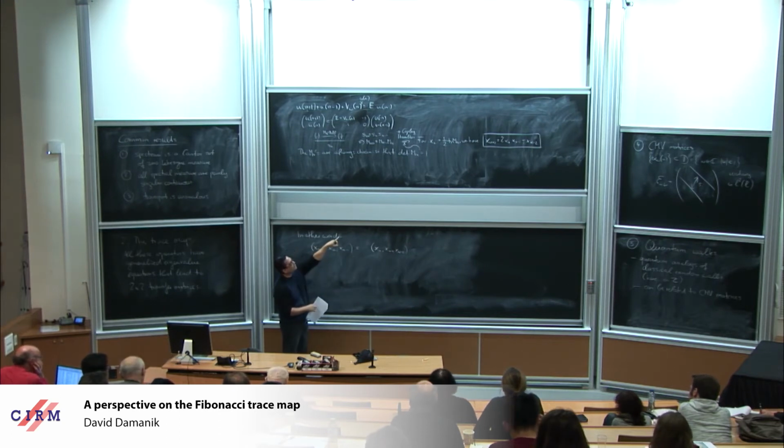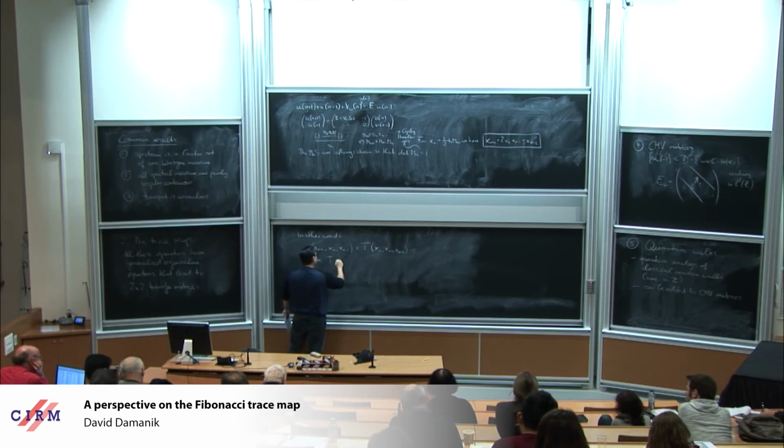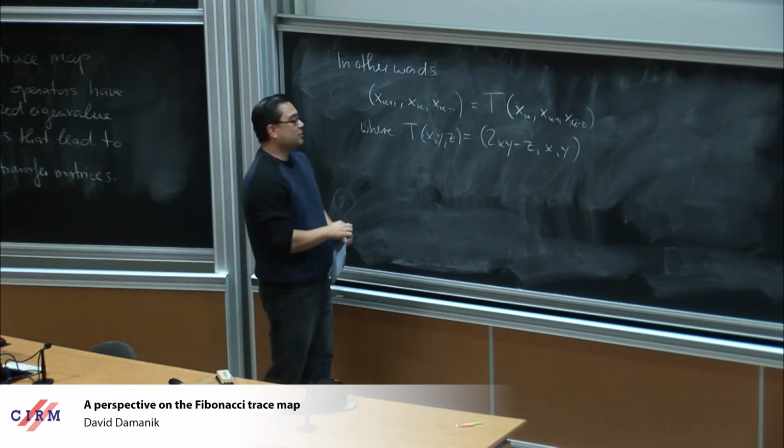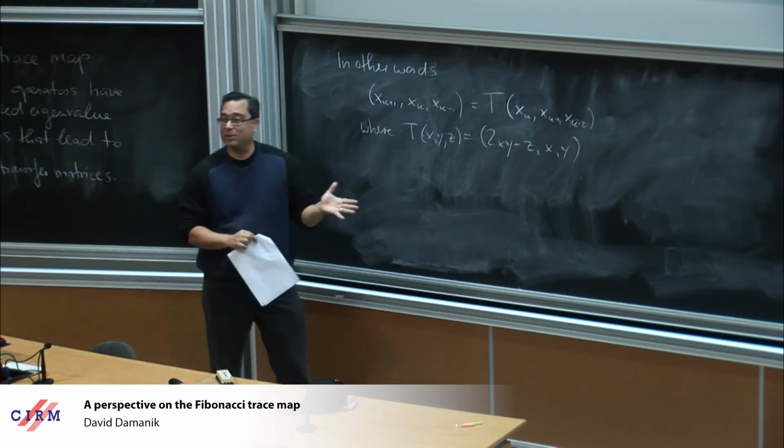And this one you can compute from the other three using that recursion. So x, y, z maps to 2xy minus z, x, y. Okay? So I'm just reformulating the recursion with a map. That's all I'm doing. But now that we have this map, we can study the map.